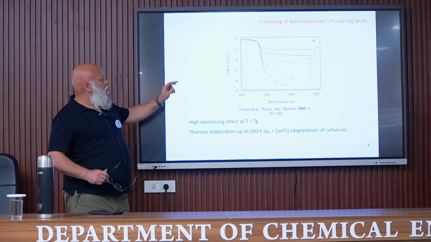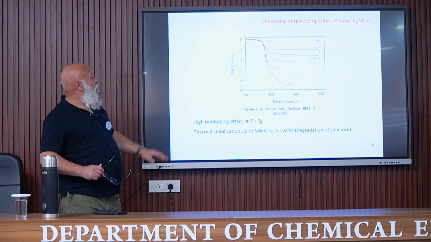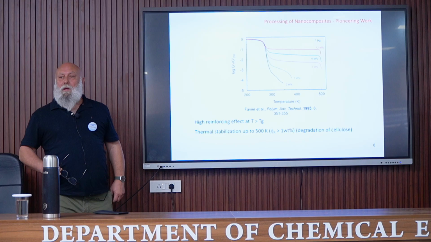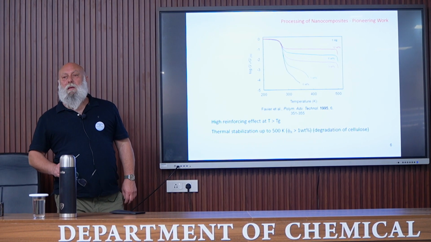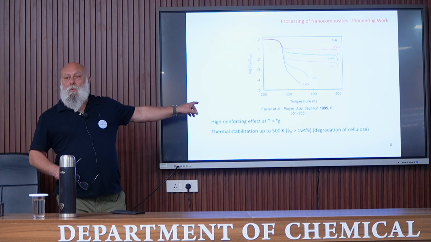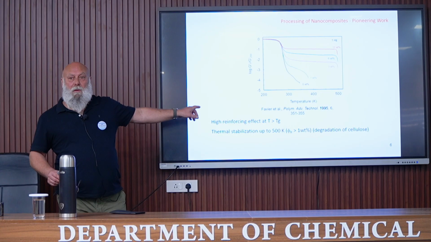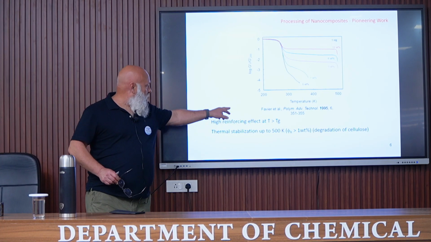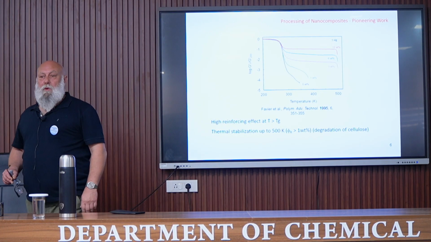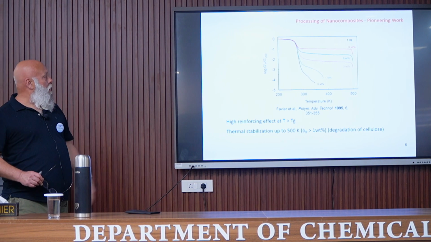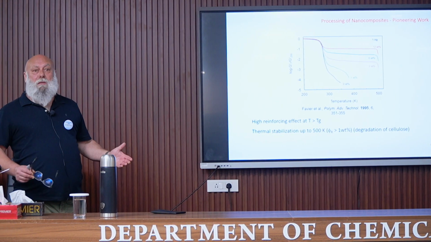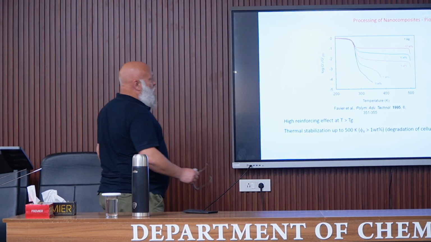And with 6% by weight, it's about a factor of 1,000. 6% by weight means 4% by volume. This reinforcing effect was never observed. And the PhD candidate, Véronique Favier, received the prize of the French Composite Society for this work because this effect was never observed. So this is the first effect.